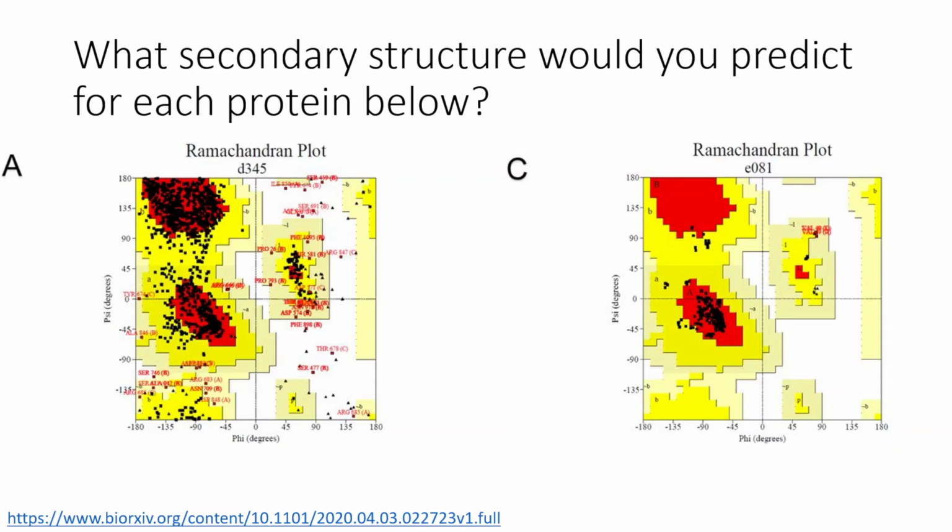All right, so hopefully everybody's had time to think about these two structures. For the structure labeled A, what kinds of secondary structures would you expect to see based on those dihedral angles? Yeah. Beta sheets, coils, and inverted alpha helices.